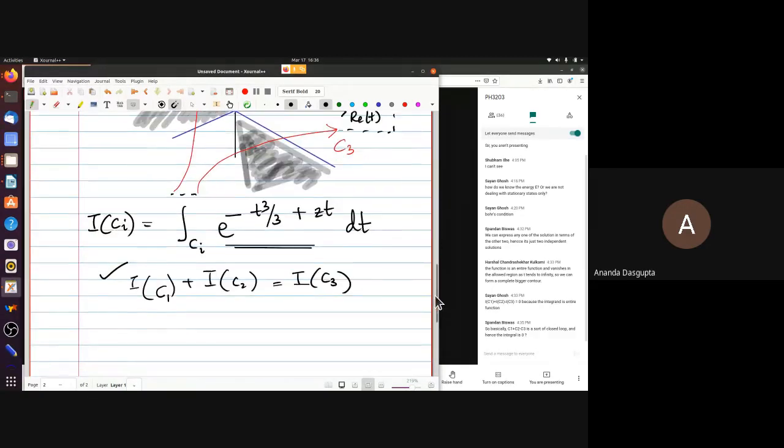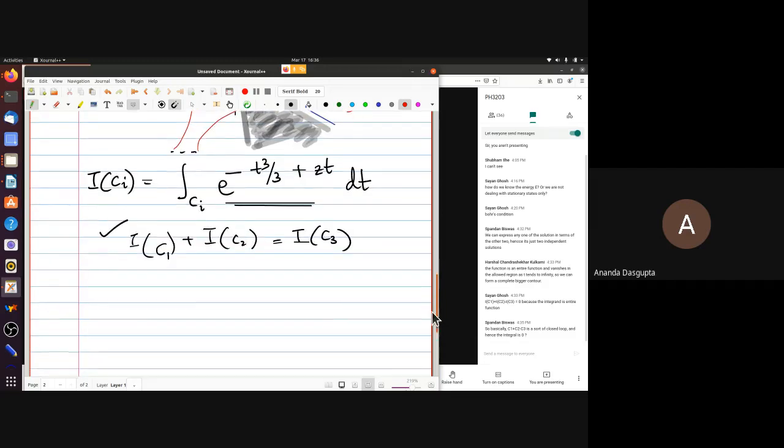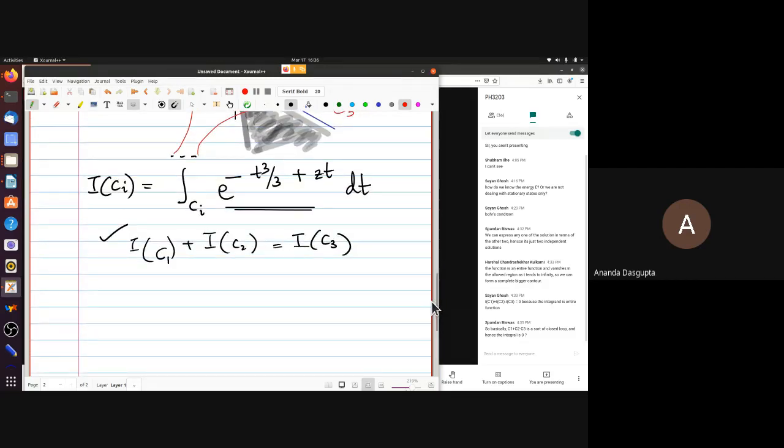So what we have is that IC1, IC2, and IC3 are not independent. Only 2 of them are, and hence you can define the solutions to the Airy equation using any 2 of these contours, and they will be independent solutions. In fact, the definitions that are given are these 2 solutions that we have already seen before.